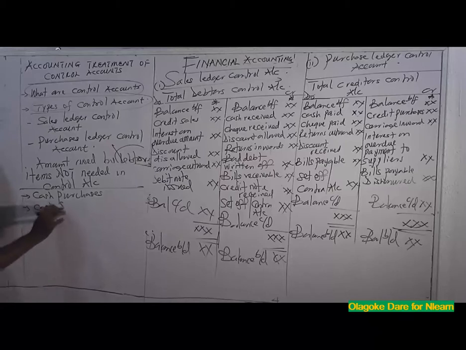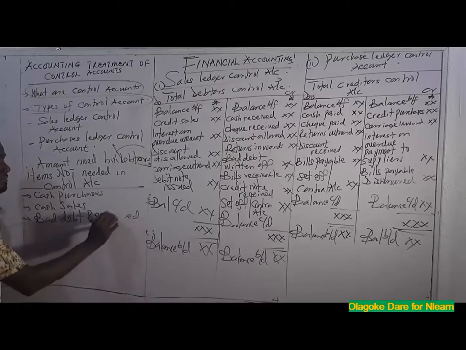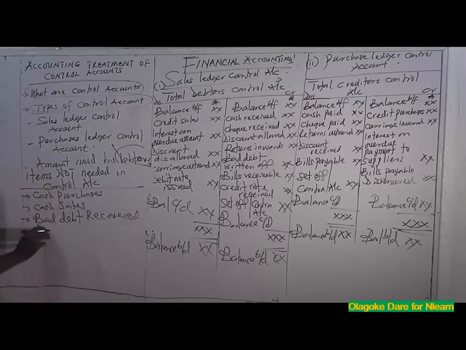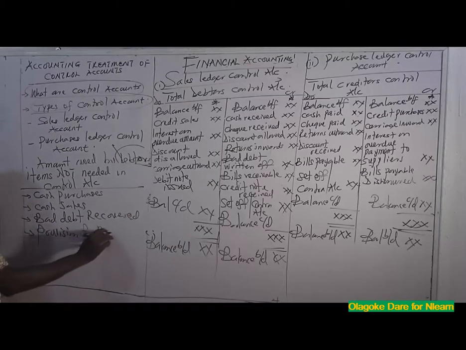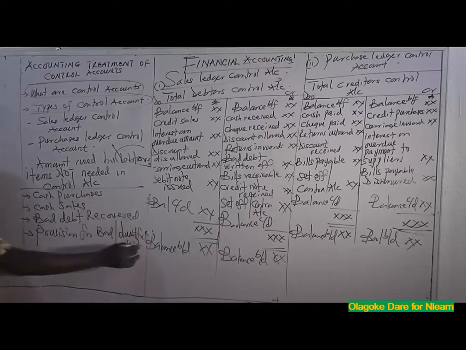Cash sales, we don't need cash sales. Bad debts recovered, we don't need bad debts recovered. We don't need any provision for bad or doubtful debt. You ignore all this.